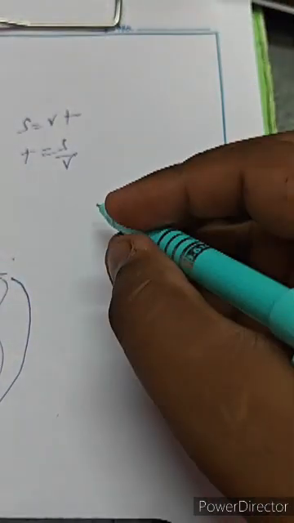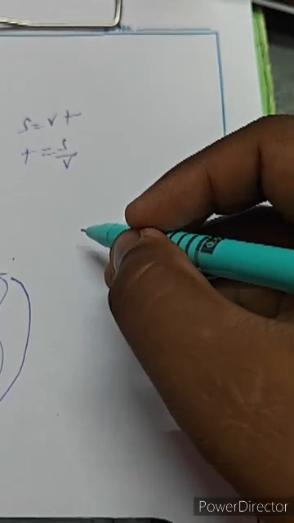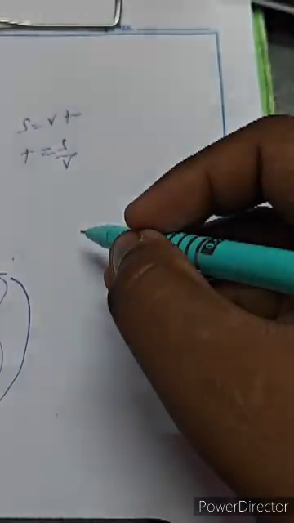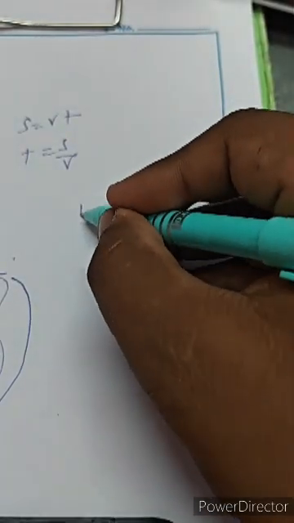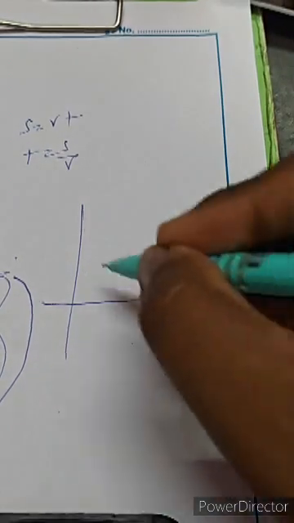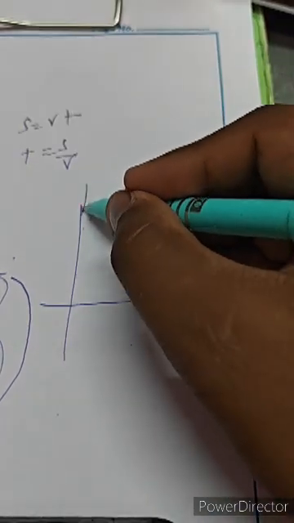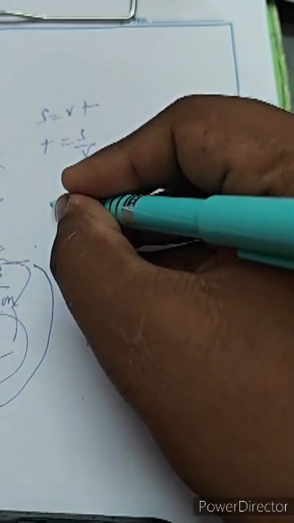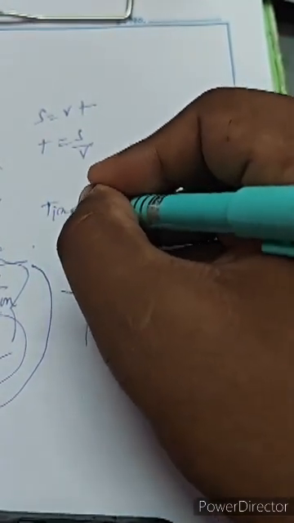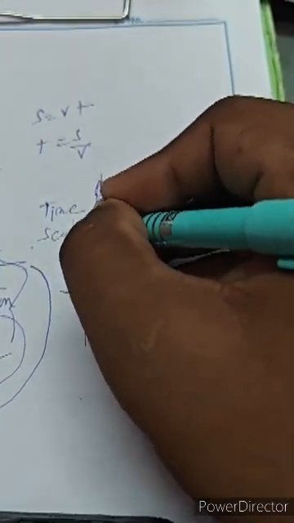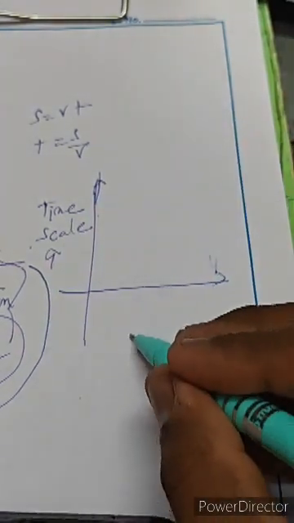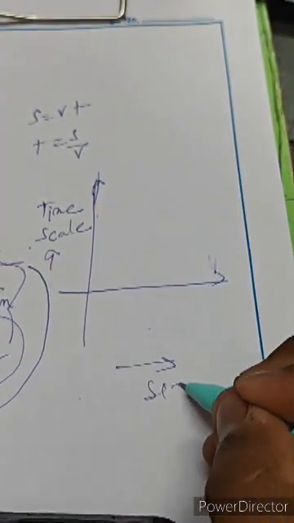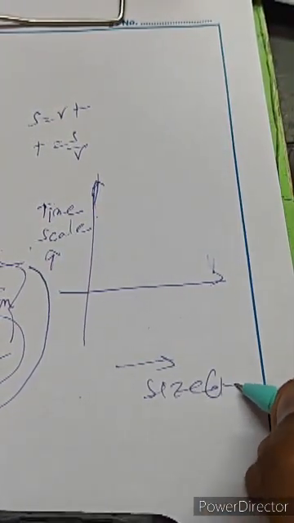Now the graph is here. I draw it roughly, so don't mind. Here is the time scale, and here is size, or L.